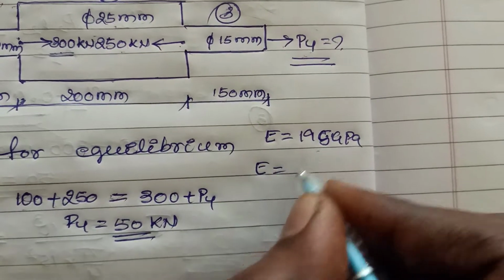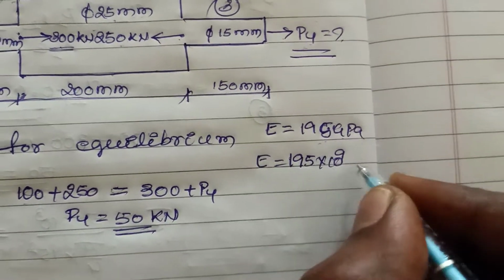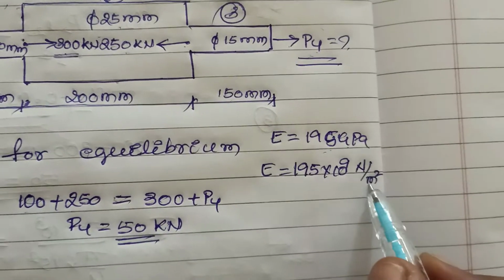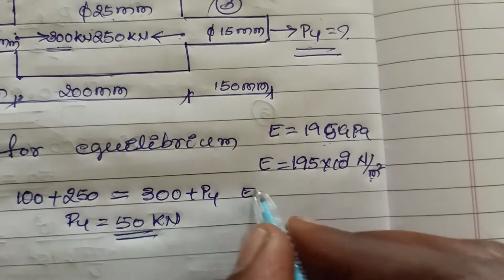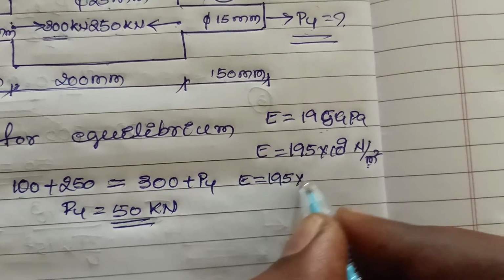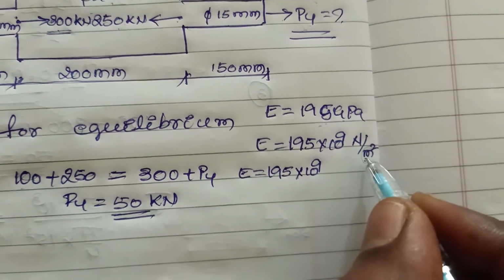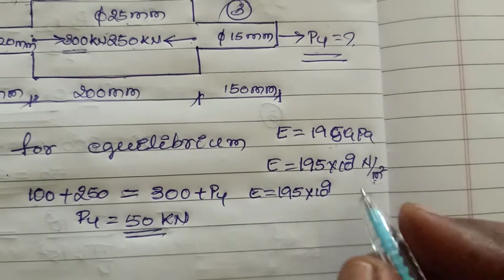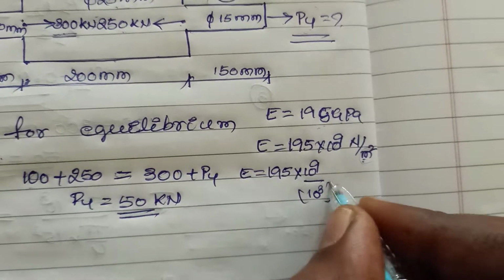E is equal to 195 into 10 raised to 9 Pascal, which is Newton per meter square. We have to convert this into mm. 1 meter is 1000 mm, which is 10 raised to 3, squared.